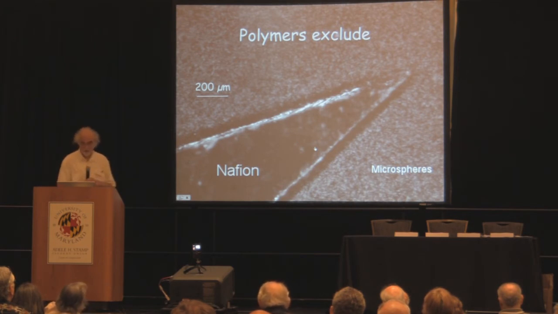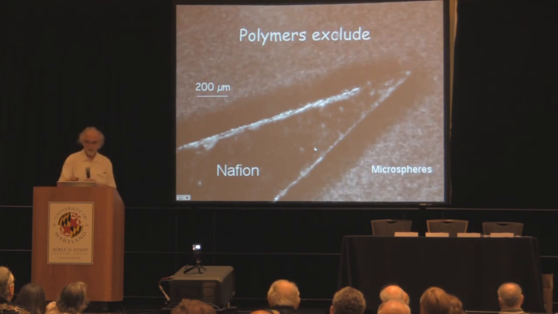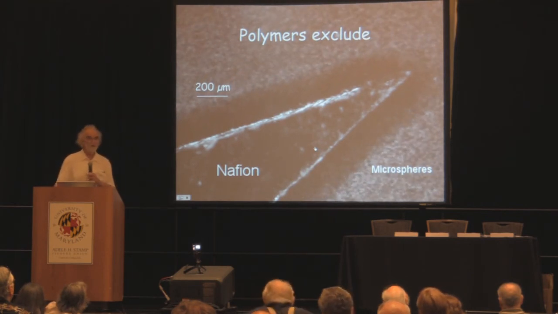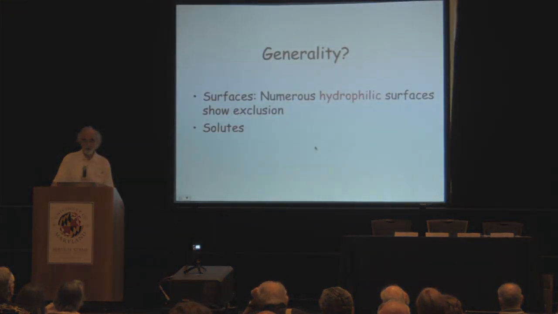And here's what happens. The exclusion zone grows and it grows, and this is stopped prematurely, and it'll typically grow out to 300, 400, even 500 micrometers. We've even seen a millimeter with this on occasion. So in terms of generality, I've shown you that numerous hydrophilic surfaces show exclusion, but not the hydrophobic surfaces.